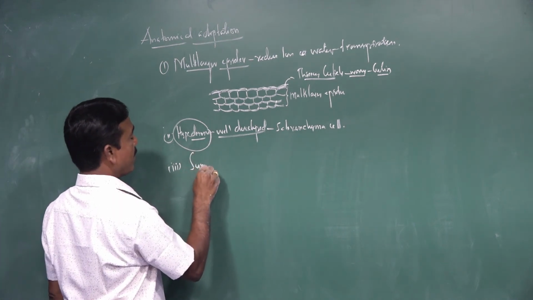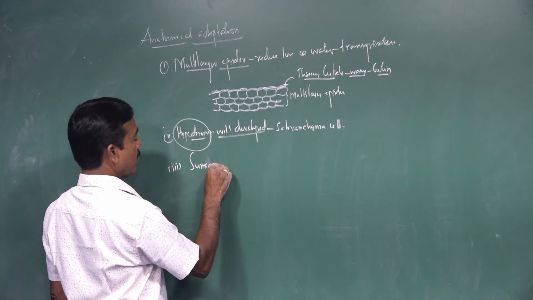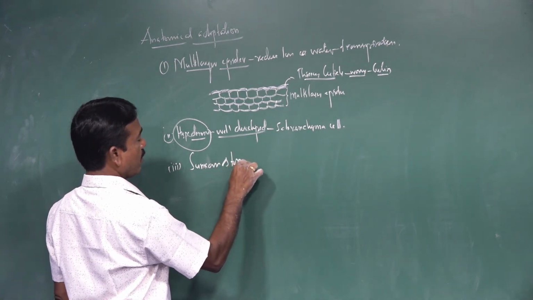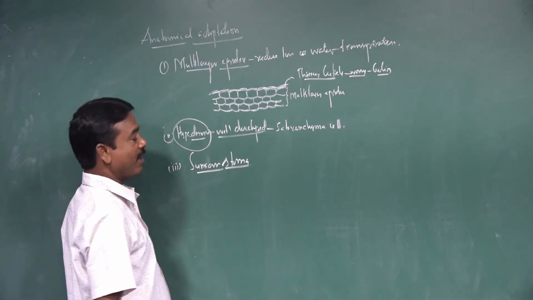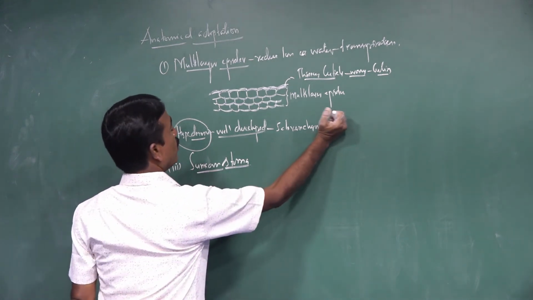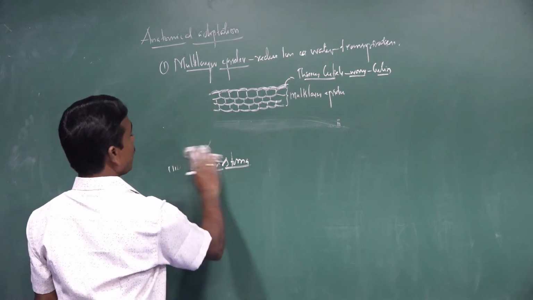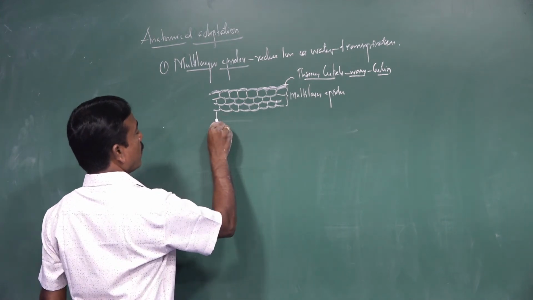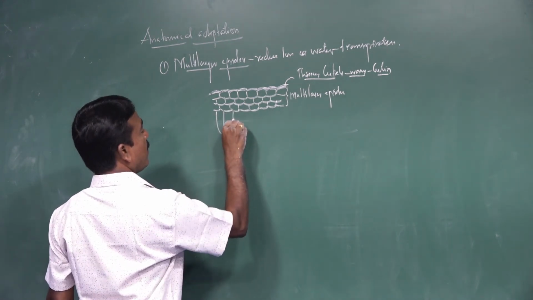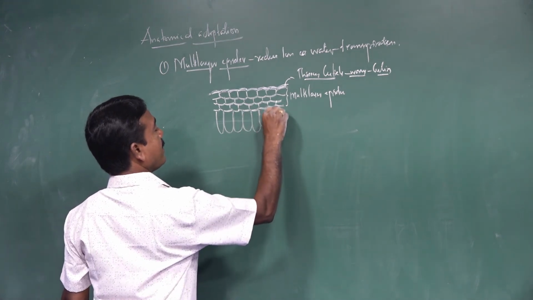Third one, sunken stomata are there. What do you mean by sunken stomata? You know the upper epidermis and lower epidermis, and these are commonly called as palisade parenchyma.